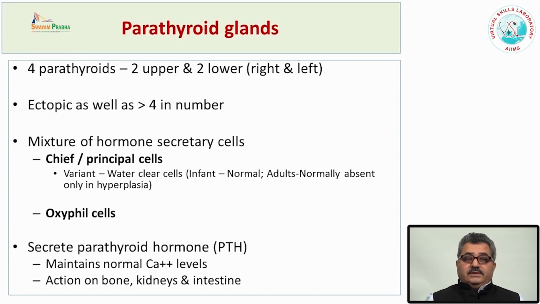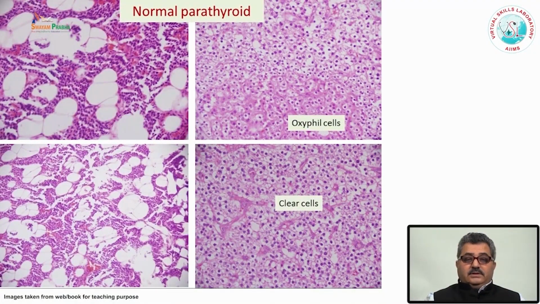The other type of cells have more eosinophilic cytoplasm, and are known as the oxyphil cells. Both types of cells secrete the parathyroid hormone, which maintains the calcium levels, and it mainly acts on the bone, kidneys, and intestine.